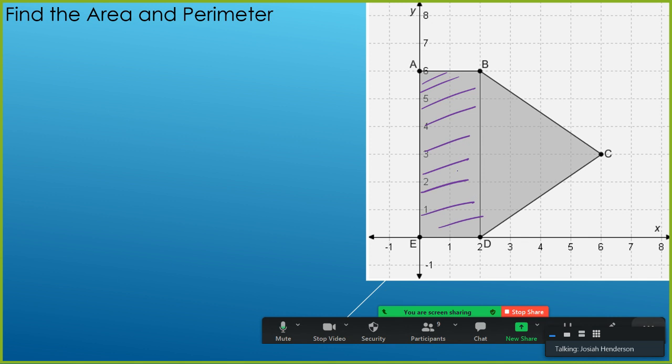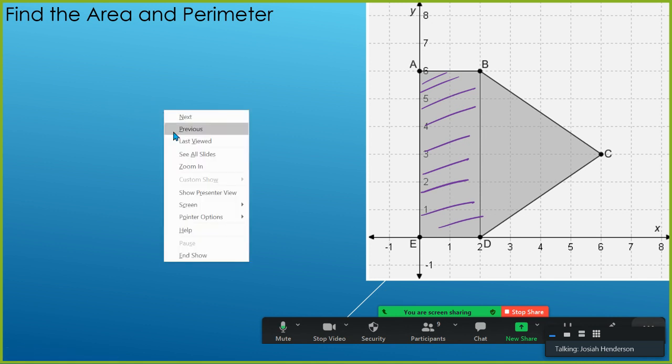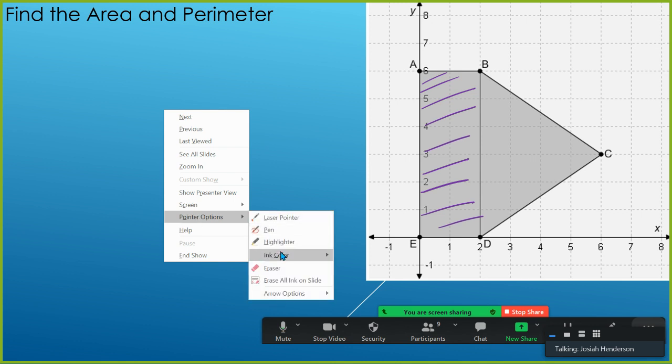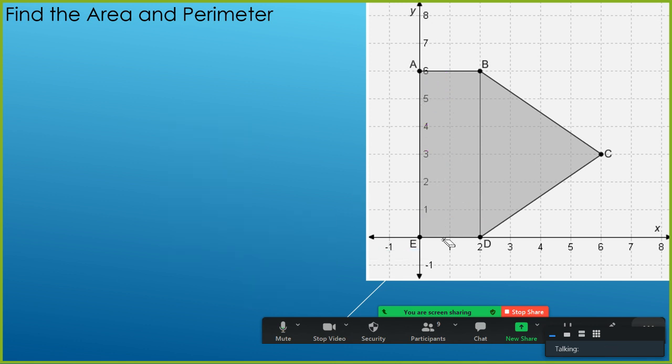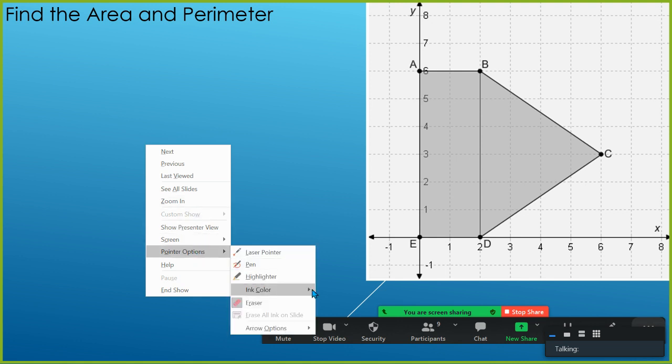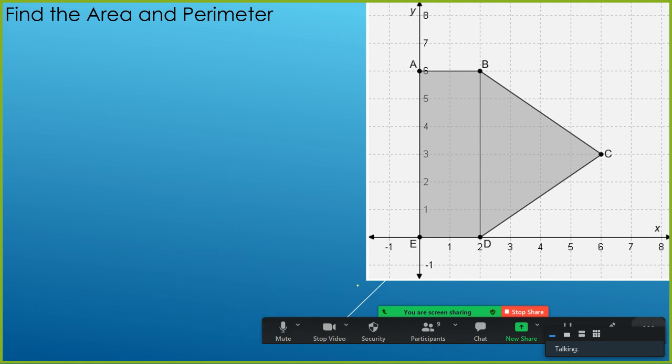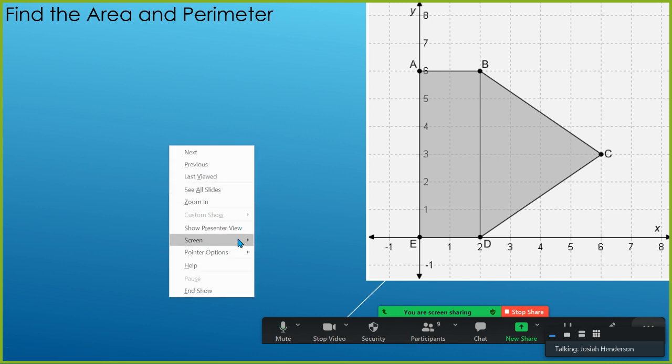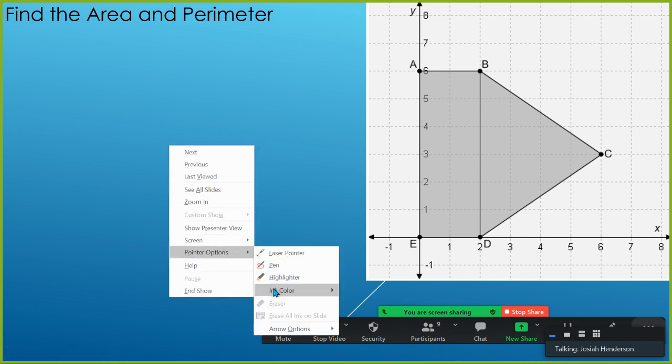So we're going to find the perimeter by adding up all the outsides. We're not going to add in BD because BD is not on the outside of the whole gray figure. Let's start labeling it, and then we'll find the area and the perimeter.